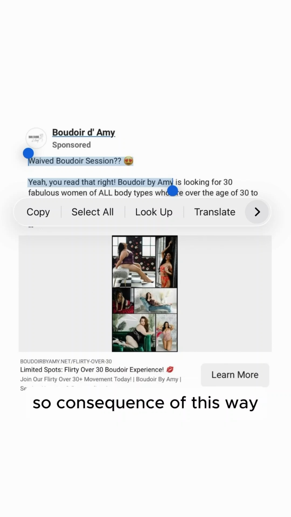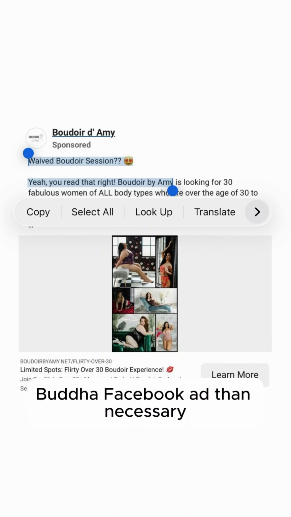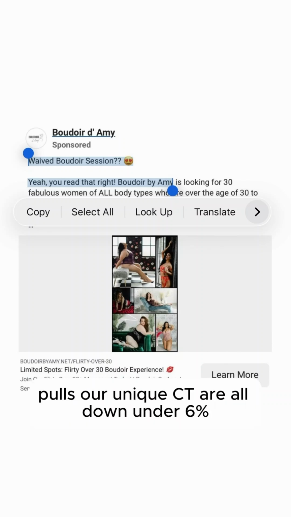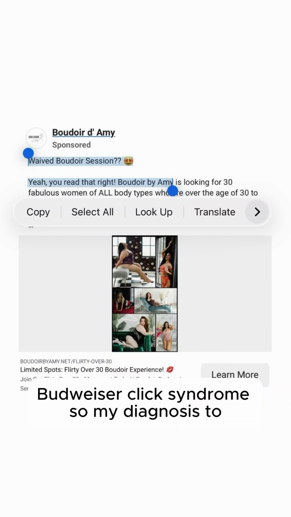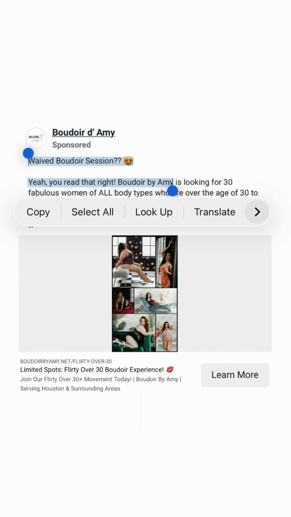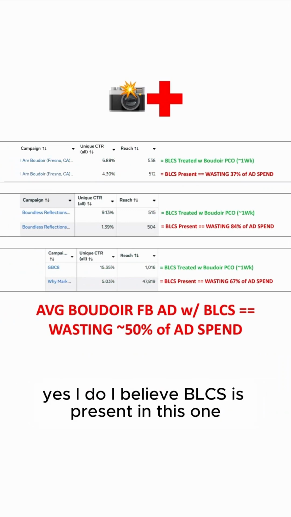So the consequence of this: way more women scrolling by our boudoir Facebook ad than necessary, and as a result, pulls our unique CTR down under 6%, and contributes to BLCS, boudoir low click syndrome. So my diagnosis, do I believe this boudoir Facebook ad has BLCS, boudoir low click syndrome, aka a unique CTR under 6%? Yes, I do. I believe BLCS is present in this one.